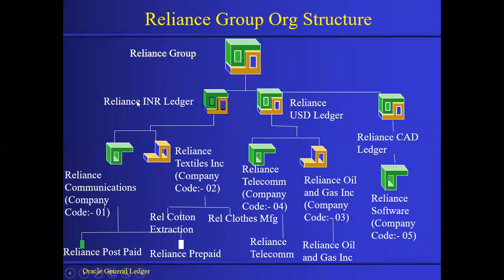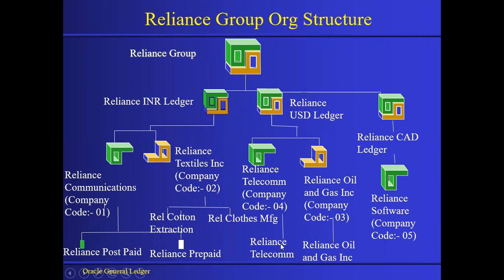Here you have Reliance INR ledger, Reliance USD ledger, and Reliance Canadian ledger. Under these ledgers I have legal entities, and under these legal entities I have operating units. In my current example, I'll pick three operating units: Reliance Postpaid, which is under Reliance INR ledger, Reliance Telecom, and Reliance Oil and Gas under Reliance USD ledger.